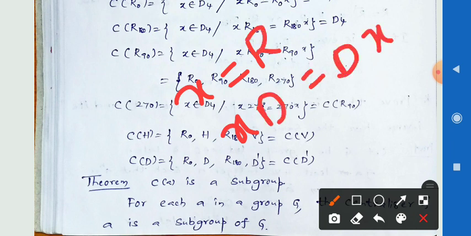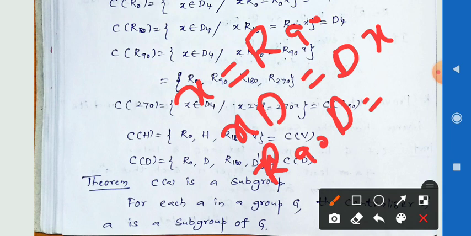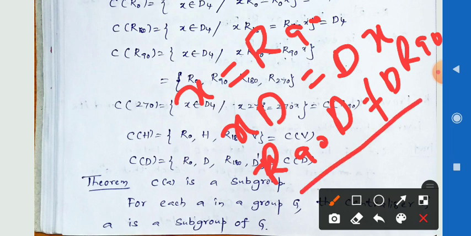R90 into d and d into R90 are not equal, therefore R90 does not belong to C of d.